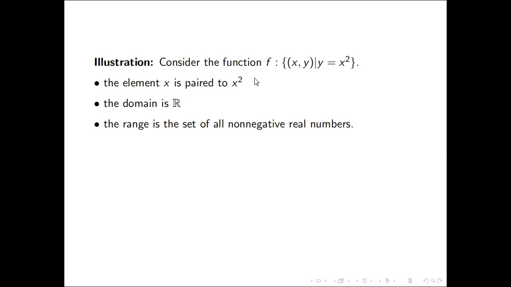Since we are squaring the first element to get the second element, the y elements will always be non-negative. Could be 0 when x is 0, but any other value will yield a positive value for y. So the range is R+ union 0, R+ meaning positive, and then union 0 because 0 is neither negative nor positive. Or just say the set of all non-negative real numbers.